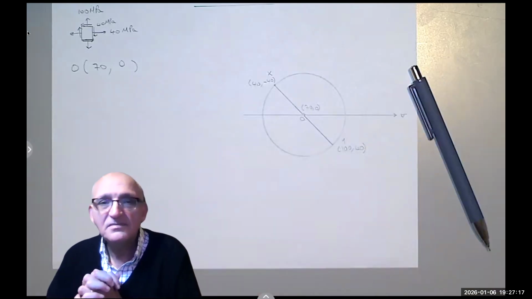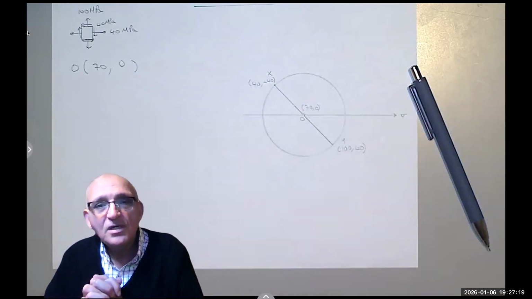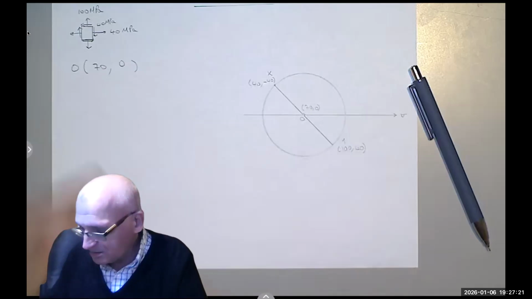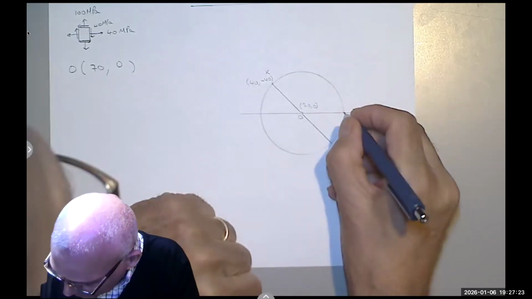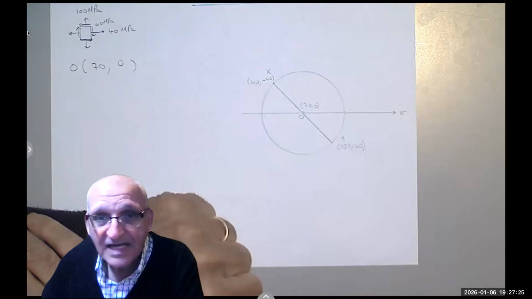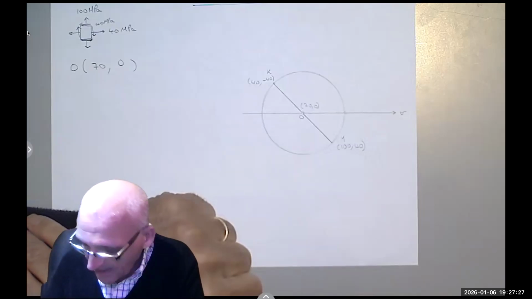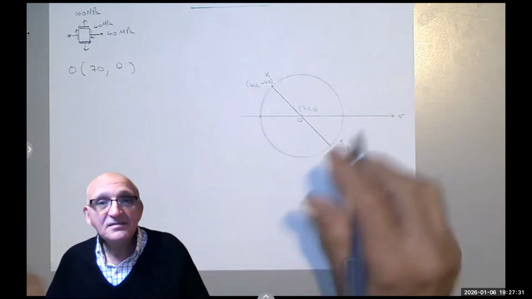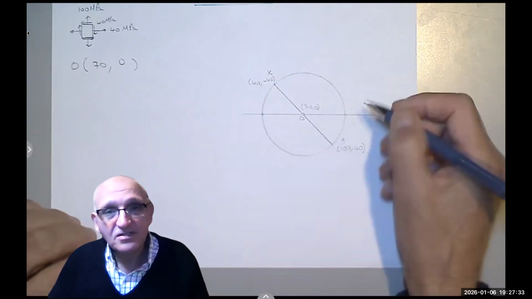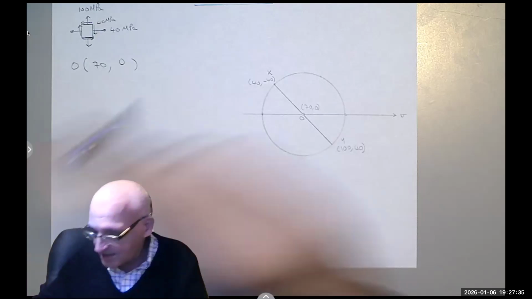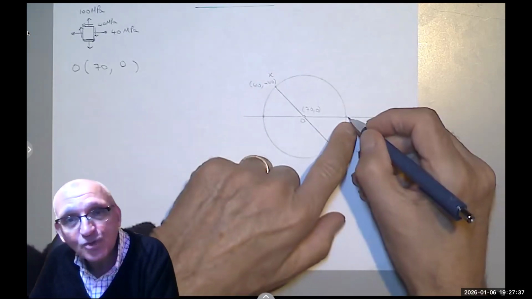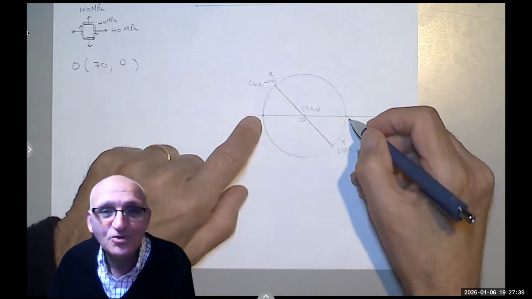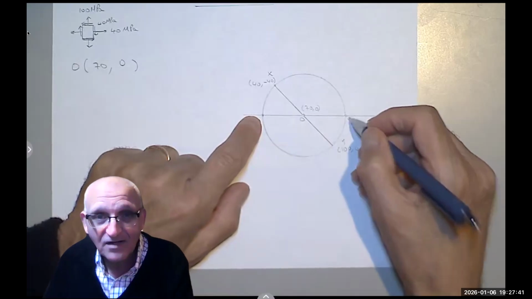Now, we want to know, notice that this point has 0 shear, and this point has 0 shear. But because that's a circle, when you get 0 shear, you get the maximum normal stress and the minimum normal stress on that line.